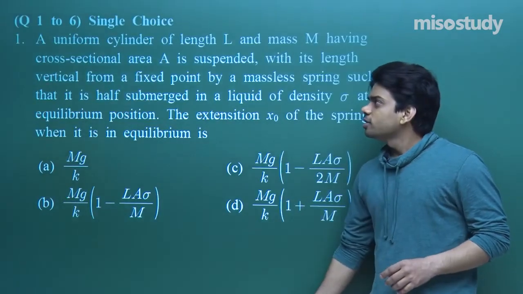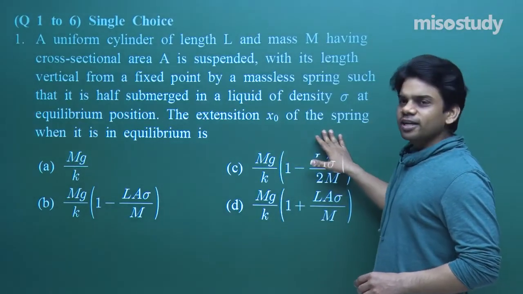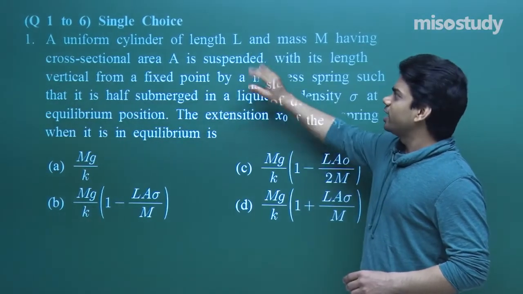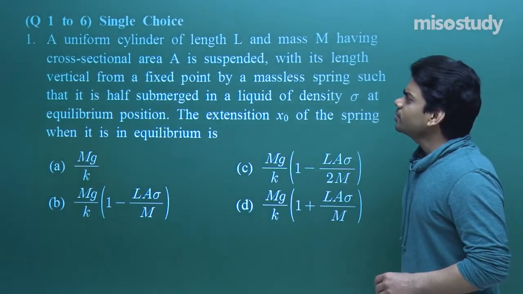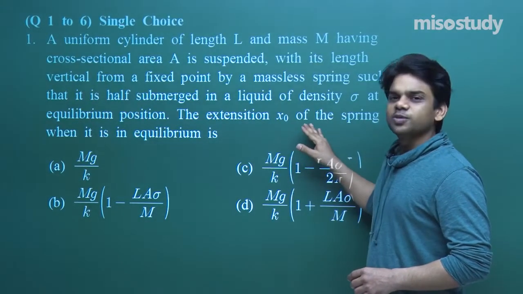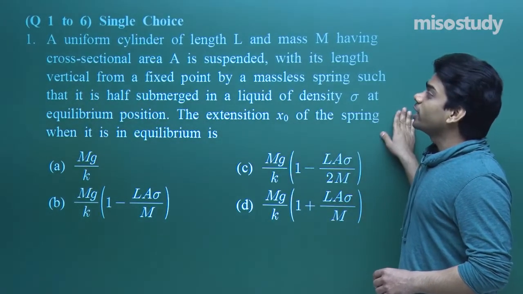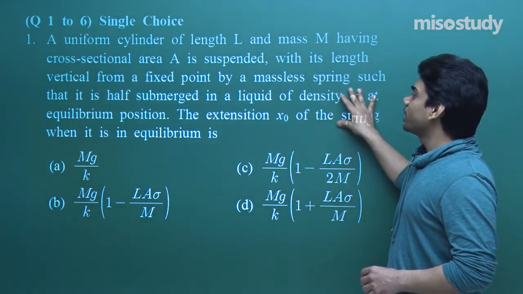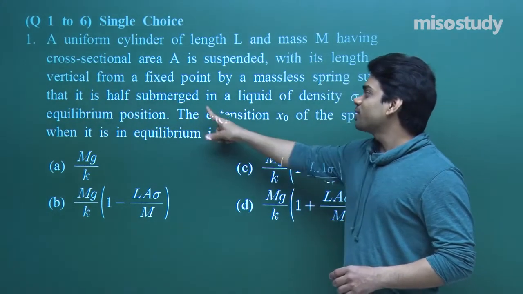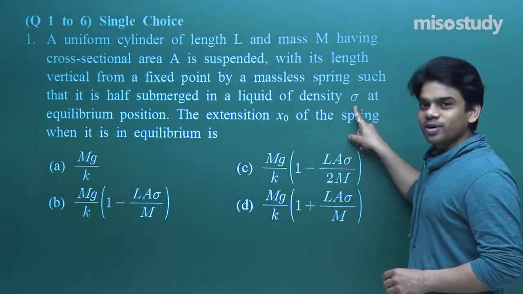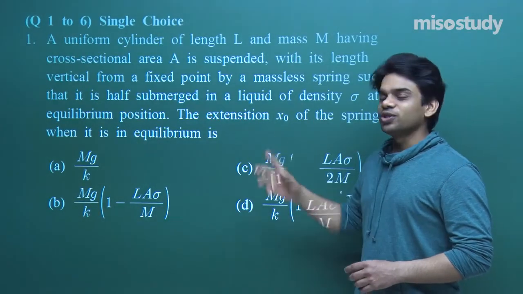Question number 1. A uniform cylinder of length L and mass M, having a cross-sectional area A, is suspended with its length vertical from a fixed point by a massless spring such that it is half submerged in a liquid of density sigma at equilibrium position.